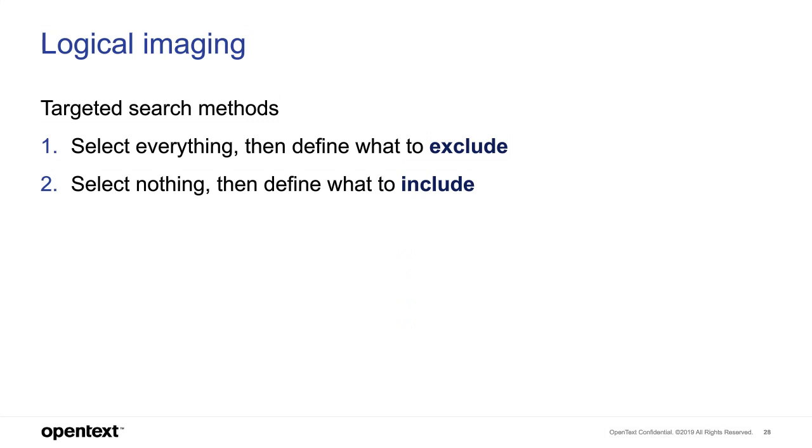I call it our all or nothing approach. And you can think of it like this. When you're starting a search, you have to start from somewhere and then search from that beginning point.